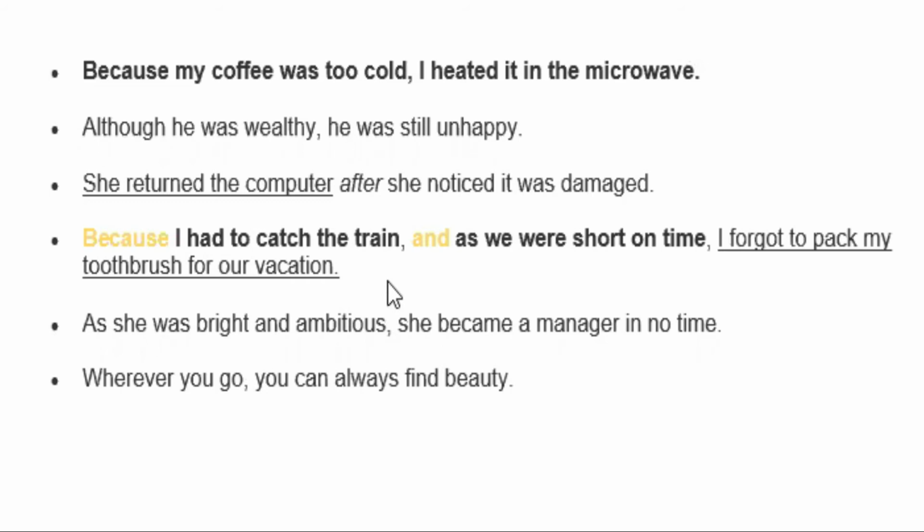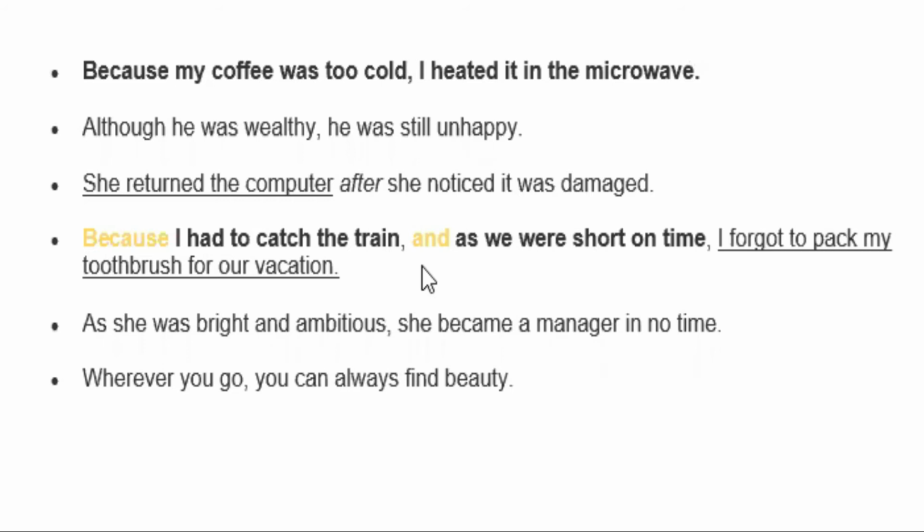We were short on time because I had to catch a train, full stop. We were short on time, and so because you don't know how to connect the sentence as one big complex sentence, you have little simple sentences. It is okay to have short sentences, but in your writing it makes your work sound choppy.